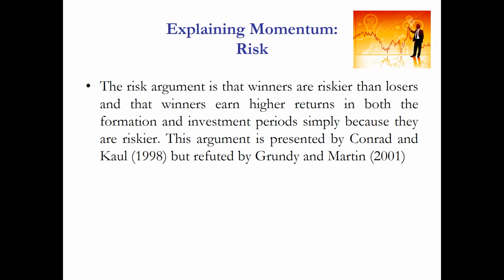Therefore, researchers have looked at whether the momentum strategy is related to other sources of risk, such as macroeconomic risk, and potentially whether the winners are simply riskier than losers, therefore explaining a higher expected return. This argument was first put forward by Conrad and Kaul in 1998. However, a large body of evidence shows that the momentum strategy does not appear to be explained by exposure to risk. Hence, this particular explanation has largely been refuted.